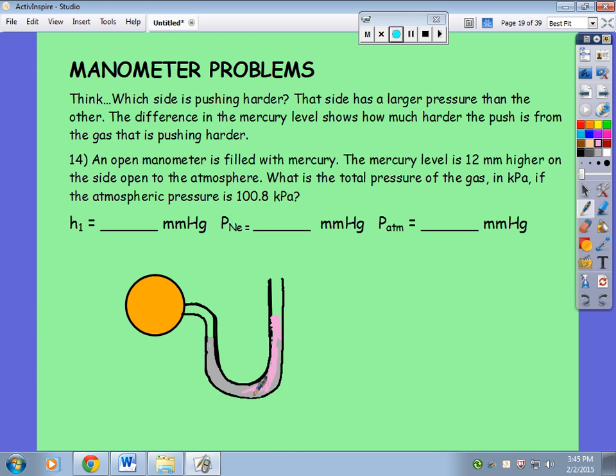So if it's 12 millimeters higher on this side than on this side, then who's winning? The inside's winning, it's pushing harder. So this is larger. This is smaller. And there's a difference. All right, so I'm going to stop for a second.